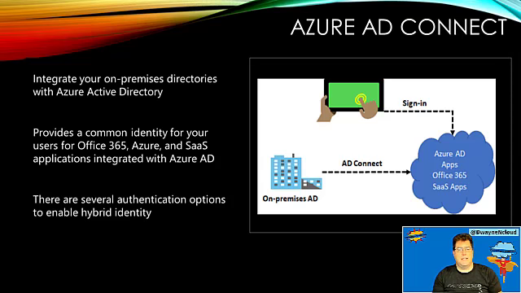As I've already alluded to, it provides that common identity for your users for Office 365, Azure, and other SaaS applications, all integrated into Azure Active Directory. We have several options to enable that hybrid identity. We'll talk about those quickly before we show how it is set up within the domain controller and synchronizes with Azure Active Directory.